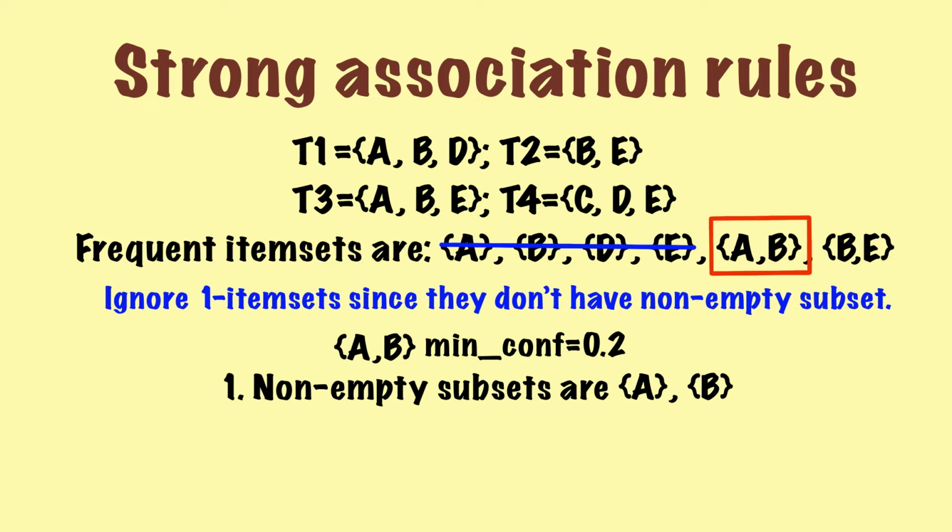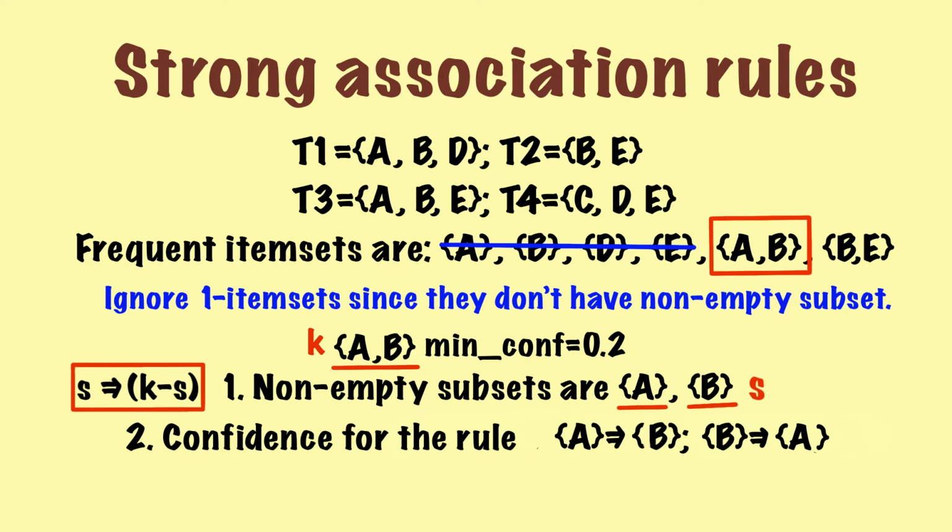We first find all the non-empty subsets of this item set, which are A alone and B alone. Just to remind you, the rule we are going to generate is S to K minus S. In this case, K is the union of A and B, and S is A alone or B alone.